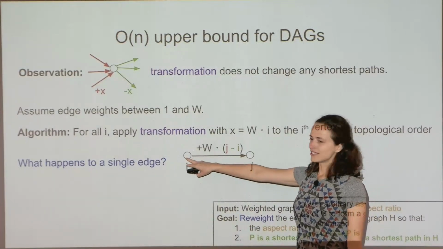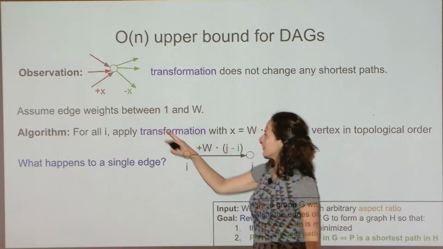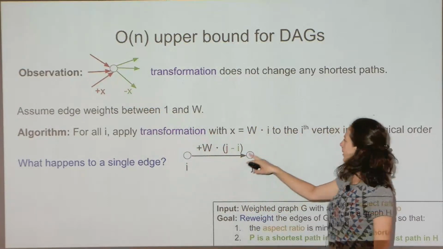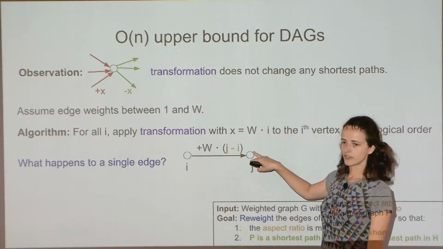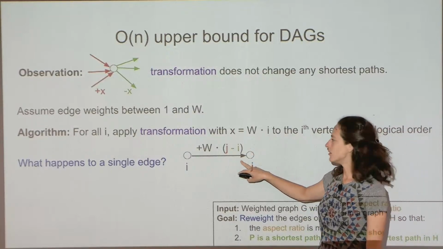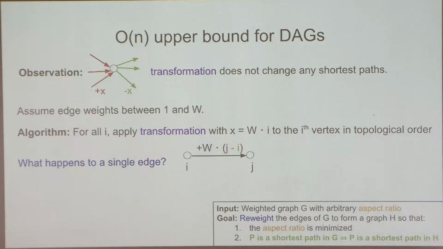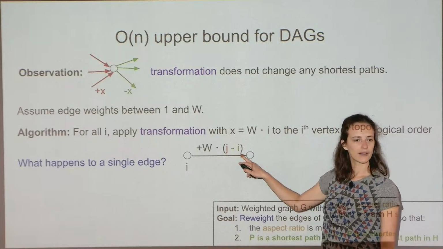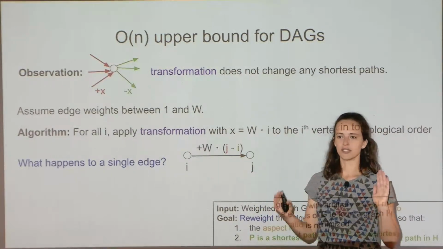When we did the transformation for i, we subtracted i times W from this edge by our definition of this algorithm. And then when we did the transformation for j, we added W times j to this edge. And so on net, this edge is increasing by W times (j minus i), where j and i are the indices of those vertices in the topological order.